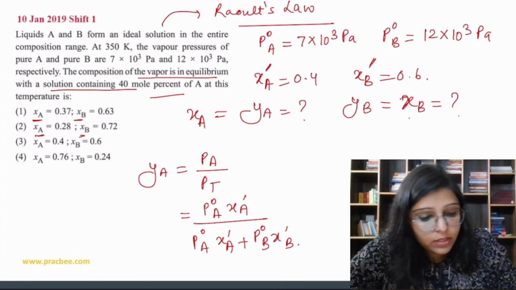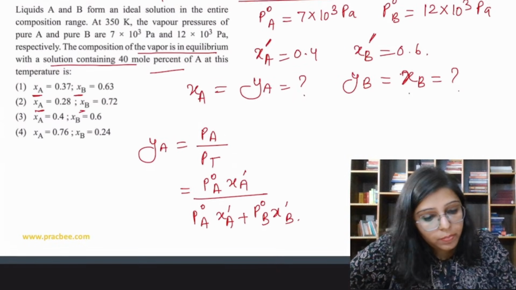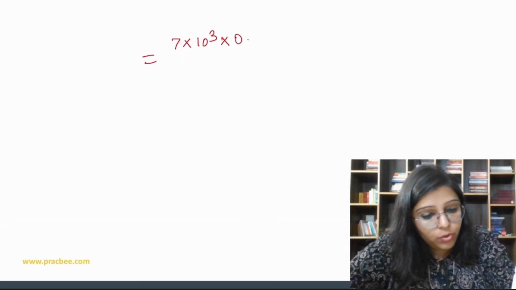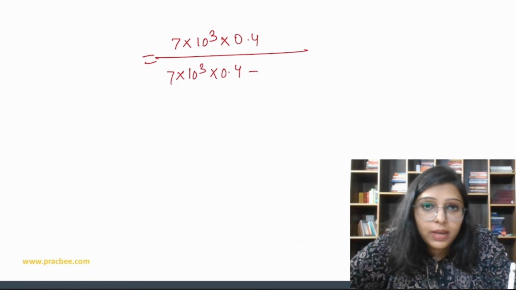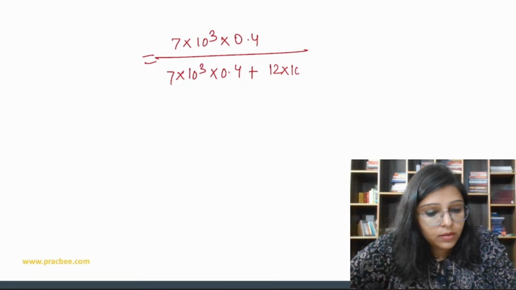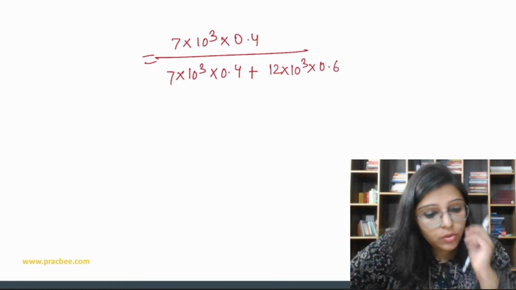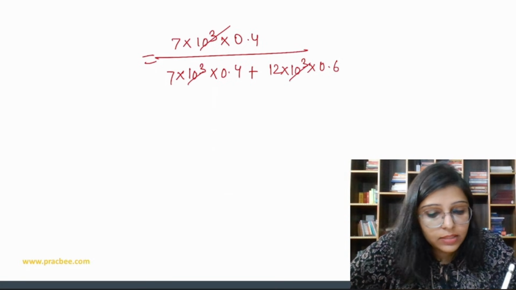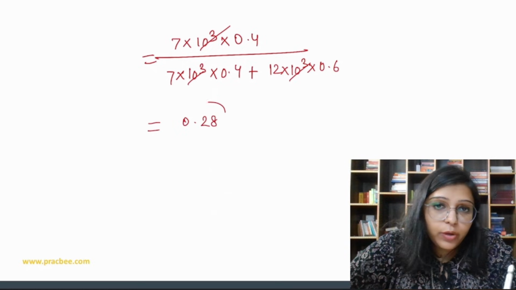So if you solve this, so P naught A is 7 into 10 to the power 3 Pascal into XA, which is 0.4, upon 7 into 10 to the power 3 into 0.4 plus 12 into 10 to the power 3 into 0.6. Okay, so 10 to the power 3, 10 to the power 3, 10 to the power 3 is going to cancel out, and on solving you get 0.28.